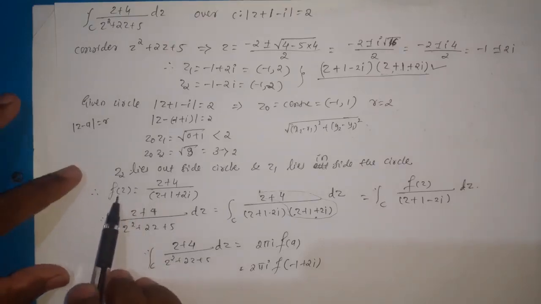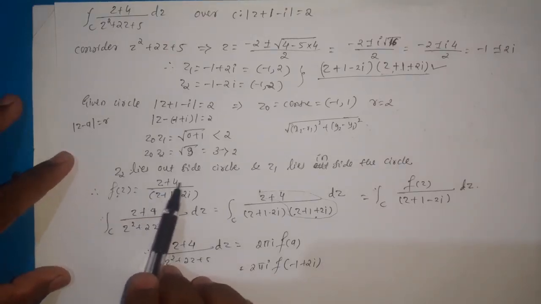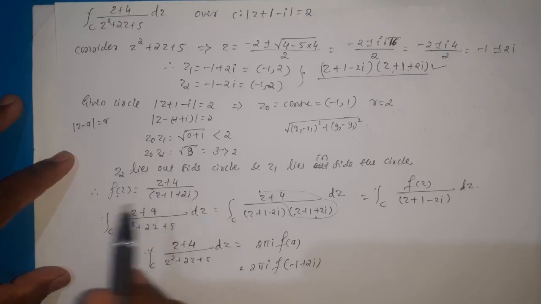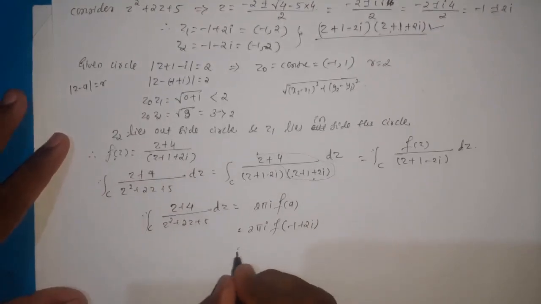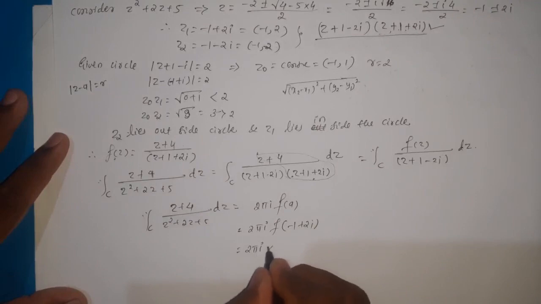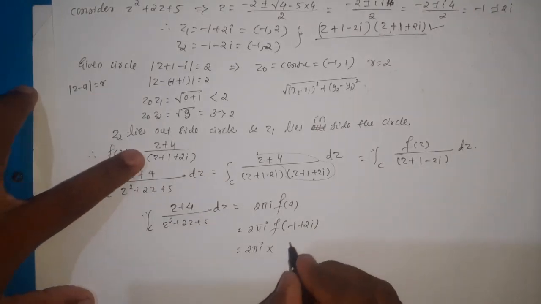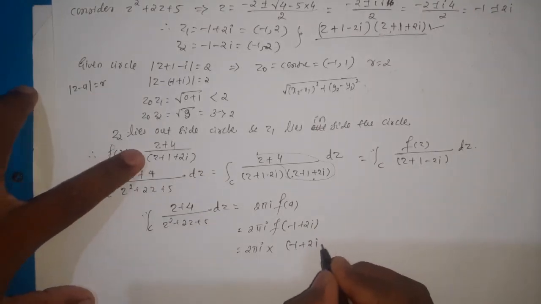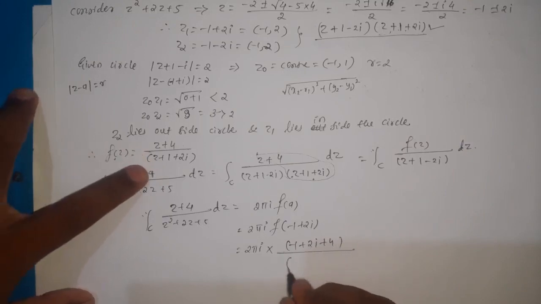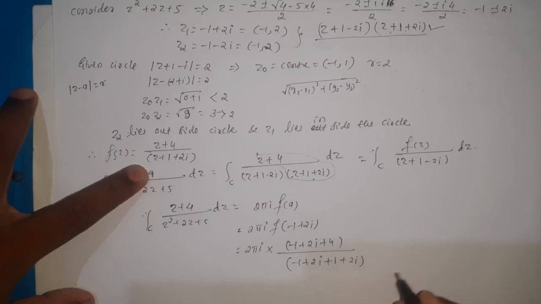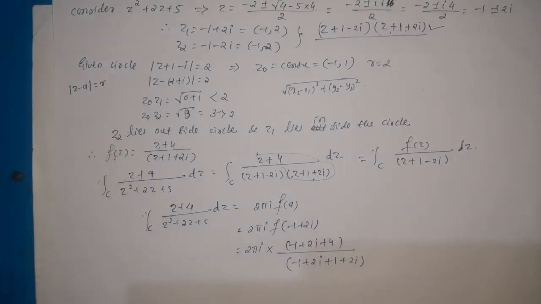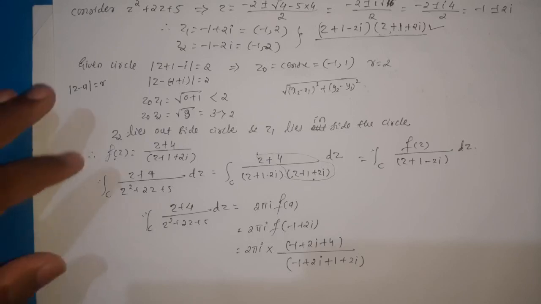Here we have f of z equal to z plus 4 divided by z plus 1 plus 2i. Therefore 2 pi i into minus 1 plus 2i plus 4 divided by minus 1 plus 2i plus 1 plus 2i, because we have substituted z equal to minus 1 plus 2i.